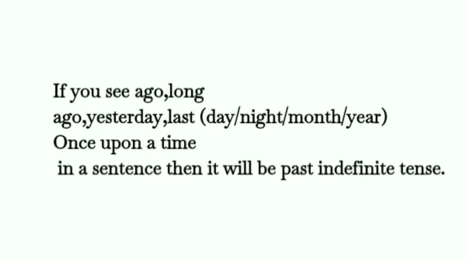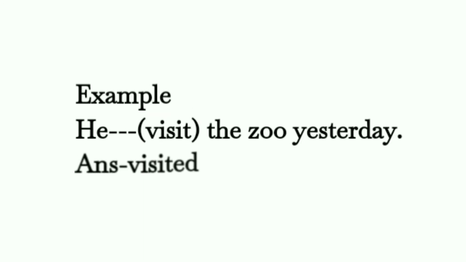Then if you see ago, long ago, yesterday, last day, last night, last month, last year, last week, once upon a time, etc. in a sentence, then it will be past indefinite tense. For example, he visited the zoo yesterday.